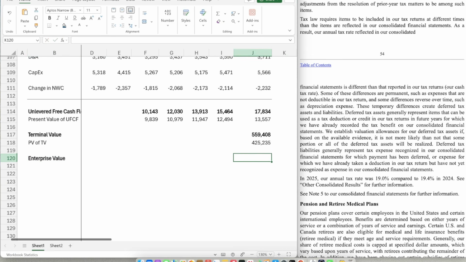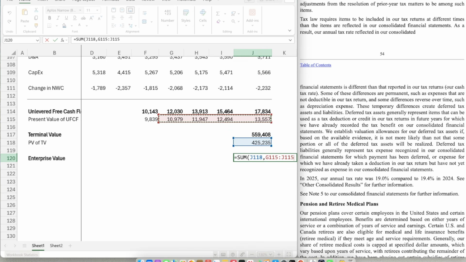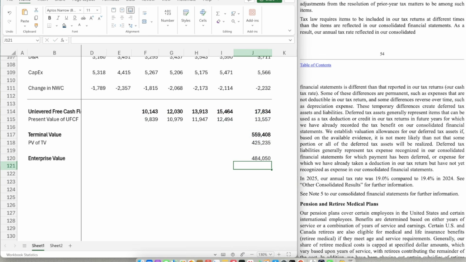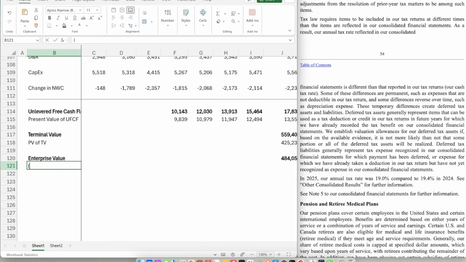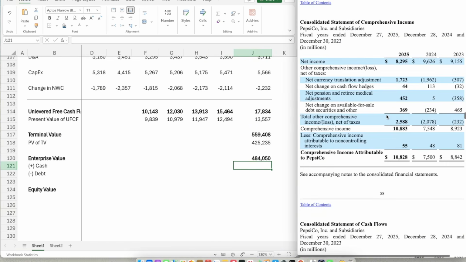This takes us on to the enterprise value. You go equals sum. There we go. Now we want to add our cash back in and subtract our debt to get the equity value. And we know the cash is on the balance sheet.